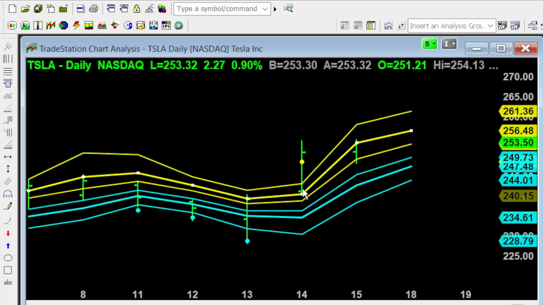If it opens above this yellow trend line, it's a good indication of very good increasing momentum, so it will increase that day. You see on Thursday it continued to increase, even exceeding this yellow dot. So it had very good increasing momentum. If it increases above this top trend line, that means it has very strong increasing momentum.